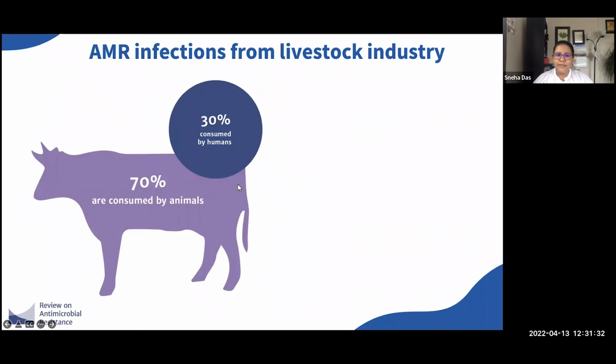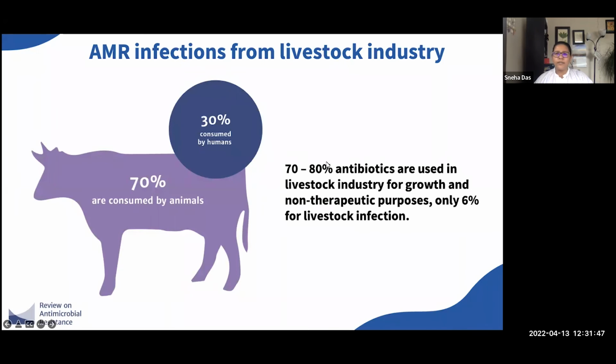So the surprising thing is, of all the antimicrobial compounds that are out in the market, 70% of them are actually consumed by animals, and humans only use 30% of it. And it is a little problematic because most of the antibiotics used by the livestock industry is for non-therapeutic purposes. Like, it's not given to the livestock to treat any infection, but simply to make it grow faster.